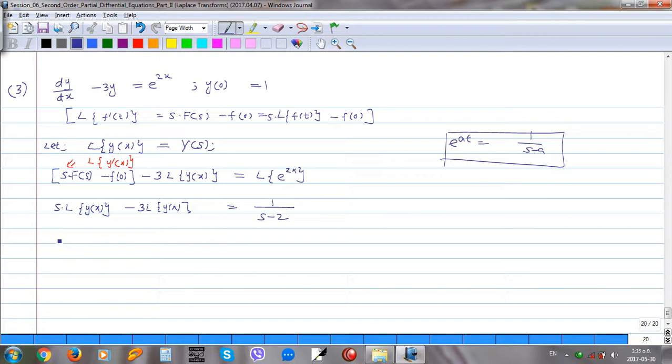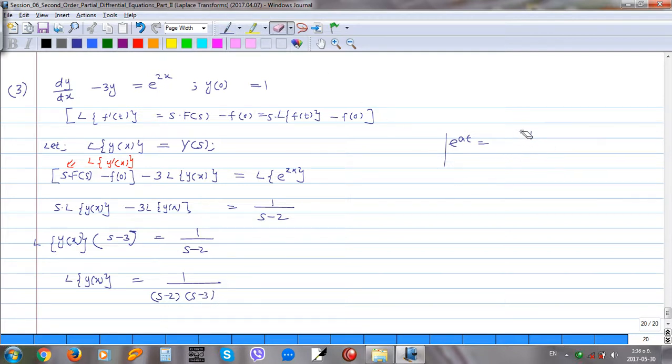Then L of y of x is common, and s minus 3 is created here. Then 1 over s minus 2. So the Laplace transformation of y of x comes as 1 over s minus 2 times s minus 3.